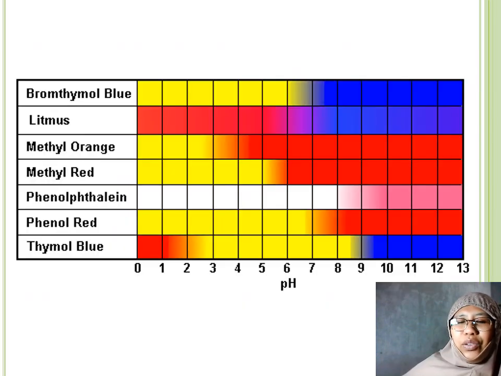Look at how colorful the indicators are, subhanallah. Bromothymol blue changes from yellow to blue. Litmus, we are familiar with this. Red to blue. Methyl orange and methyl red, yellow to red. Phenolphthalein, white to pale pink.